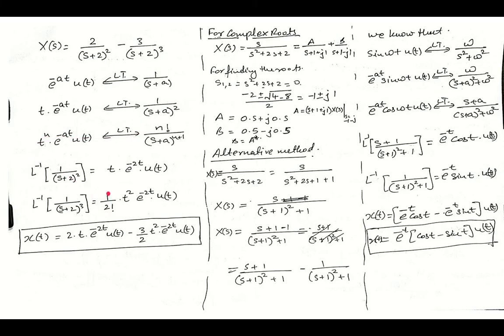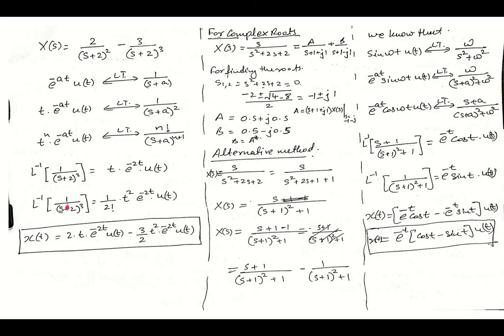So 1 upon 2 factorial into, since it is 3, this represents n plus 1, so accordingly n will be equal to 2. So t to the power 2 into e to the power minus 2t.